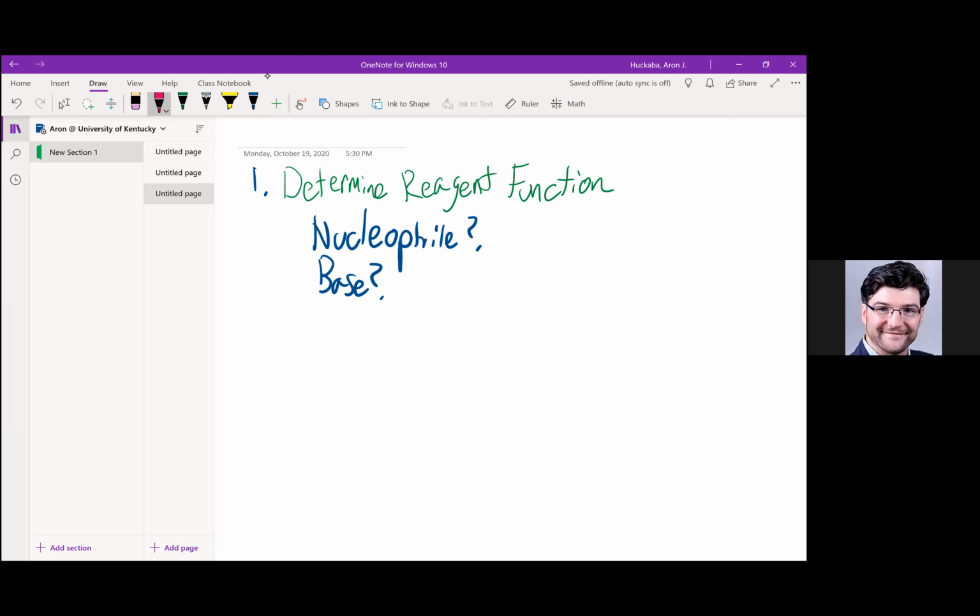If it's one of those, is it strong? Is it weak? These are all questions you need to answer because, for instance, you have very strong non-nucleophilic bases. Let's draw this one. This is called DBN, and this is a very strong non-nucleophilic base.